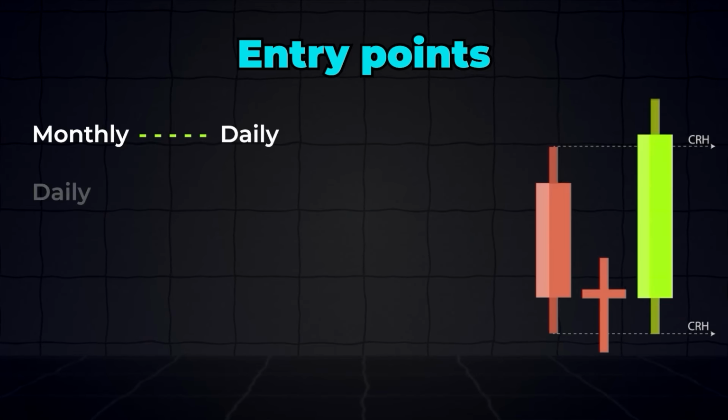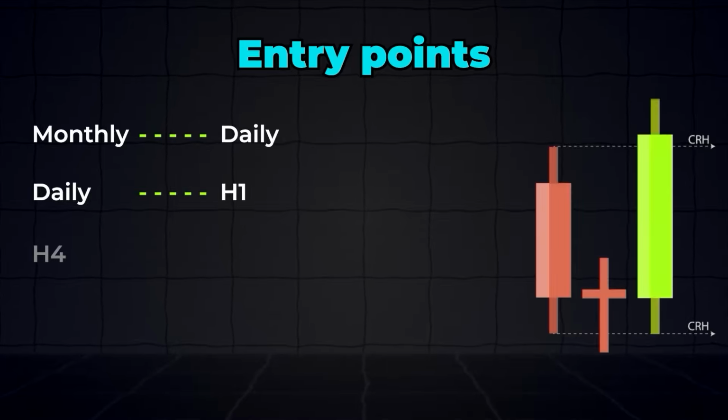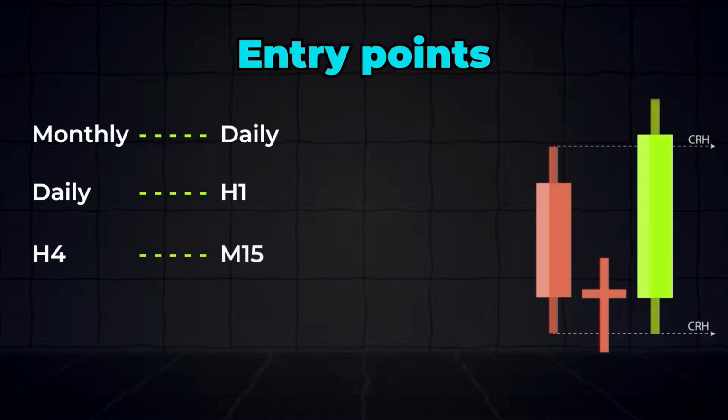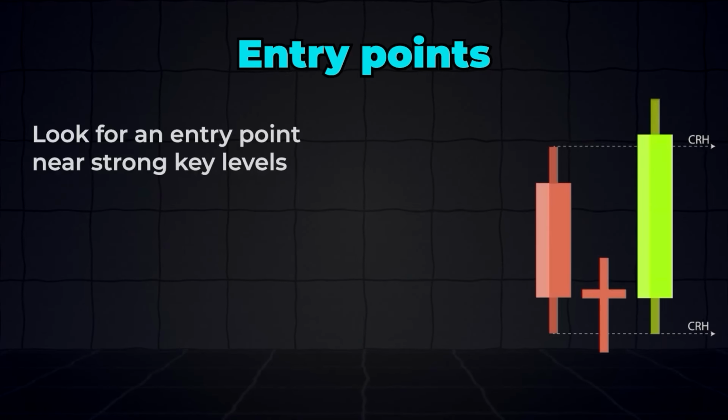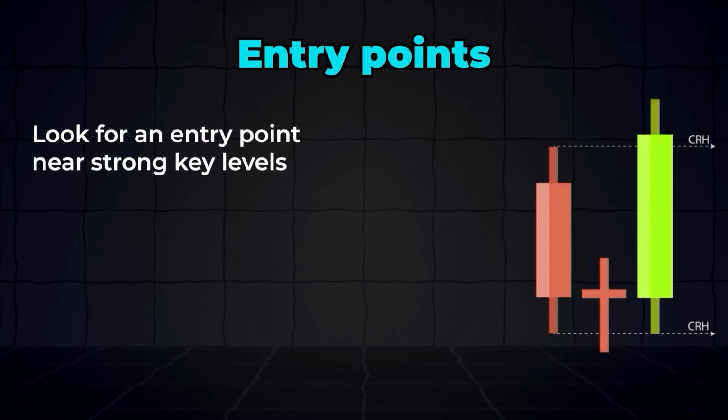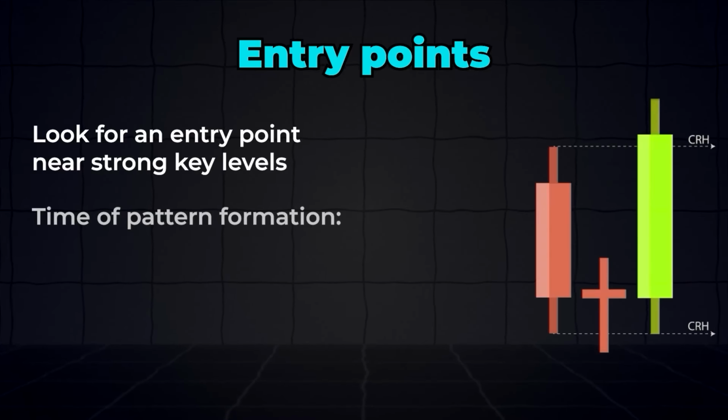When applying these rules in practice, it's crucial to consider time frames. For example, if you spot a CRT pattern on the monthly chart, you should use the daily time frame for your entry. For daily charts, switch to the hourly time frame, while for the 4-hour chart, the 15-minute time frame works best for entries.